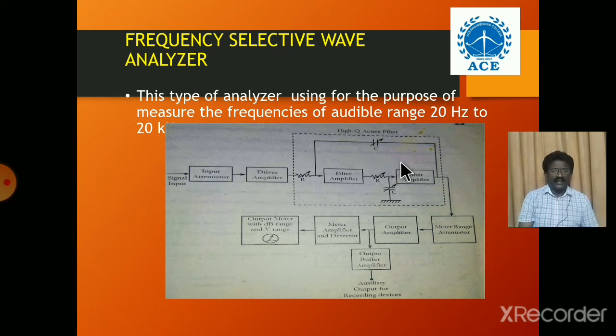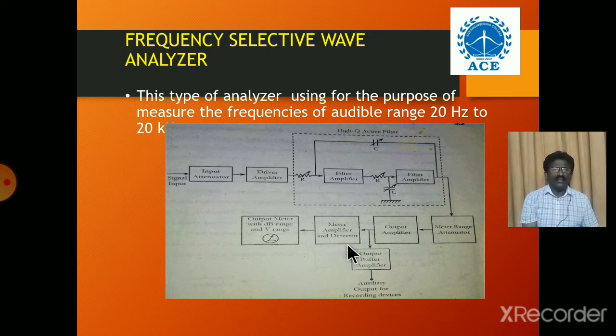It contains an RC resonant circuit and filter amplifiers connected in cascade. This allows the selected frequency to pass and rejects the other frequencies.